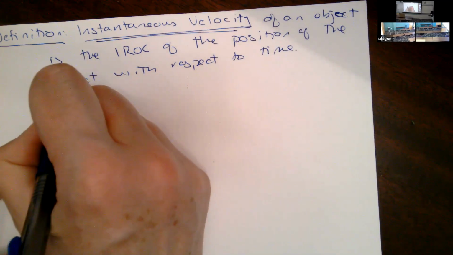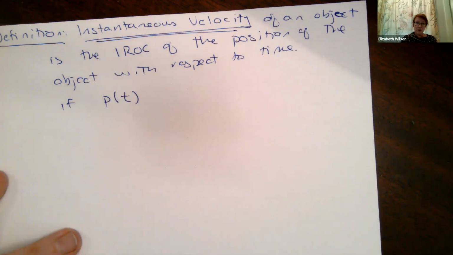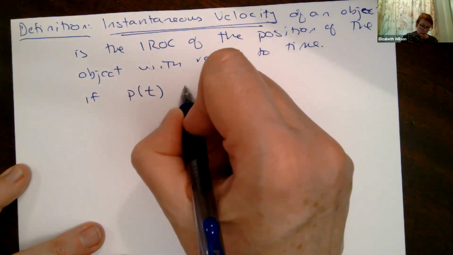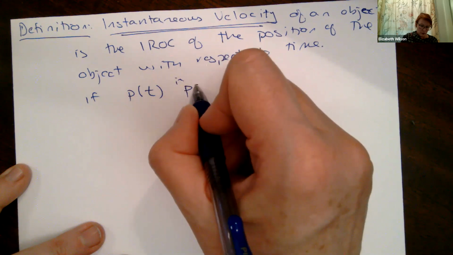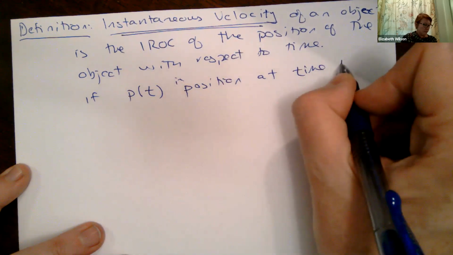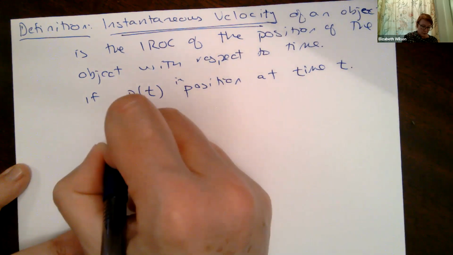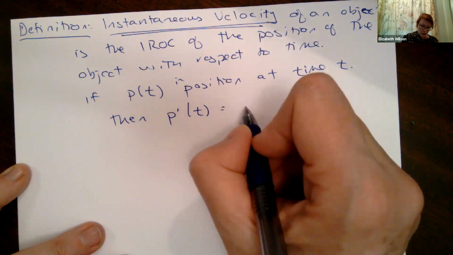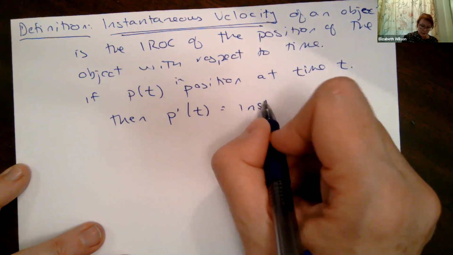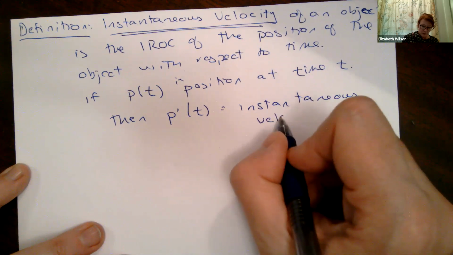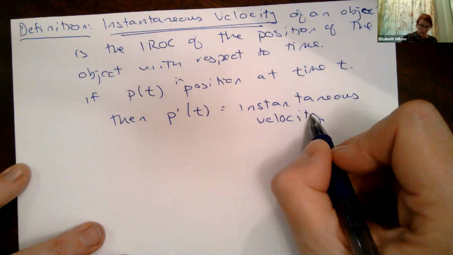So if P of t is our position function, position at time t, then P prime of t is our instantaneous velocity.